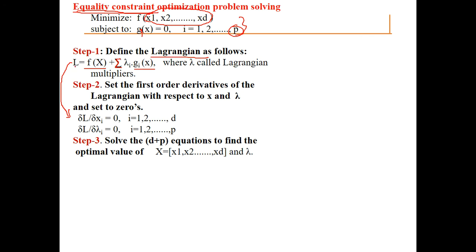Similarly, we shall also differentiate this Lagrangian with respect to lambda, that is the Lagrangian parameters. So we shall get d plus p number of equations, and we have to solve the equations in order to get the optimal value of parameters x and alpha also.